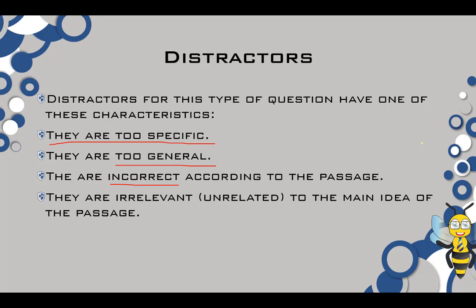Or finally, they are irrelevant or unrelated to the main idea of the passage. Maybe you will find something like politics and the votes of people, and maybe the reading never mentioned how people vote for their president. They only focus on Abraham Lincoln. So they could be irrelevant, incorrect, too general, or too specific.